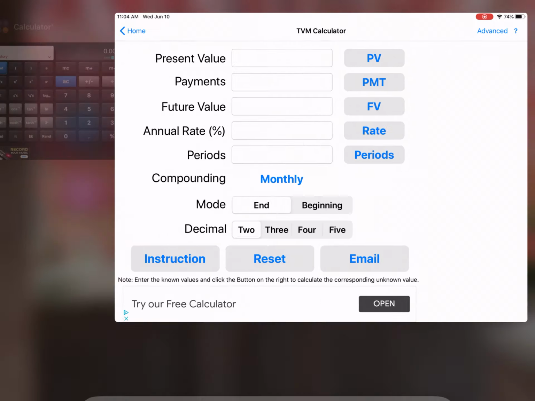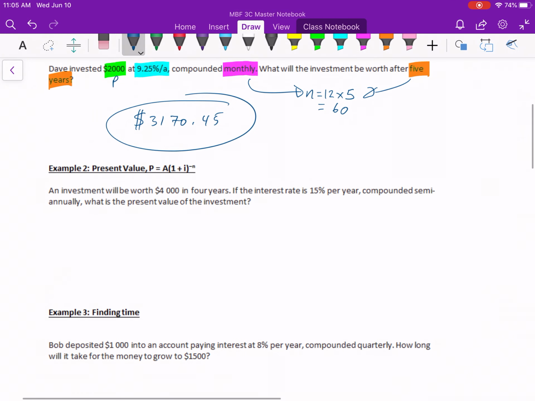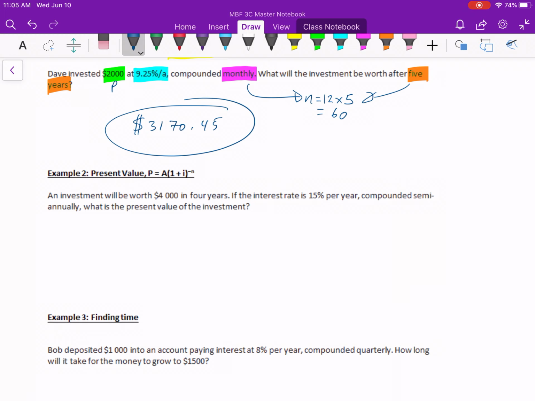All right, and the next example was a present value one. An investment will be worth $4,000 in 4 years. The interest rate is 15% per year. It's compounded semi-annually, and they want us to find the present value. They want us to find out what P is. So again, they've given us everything we need.